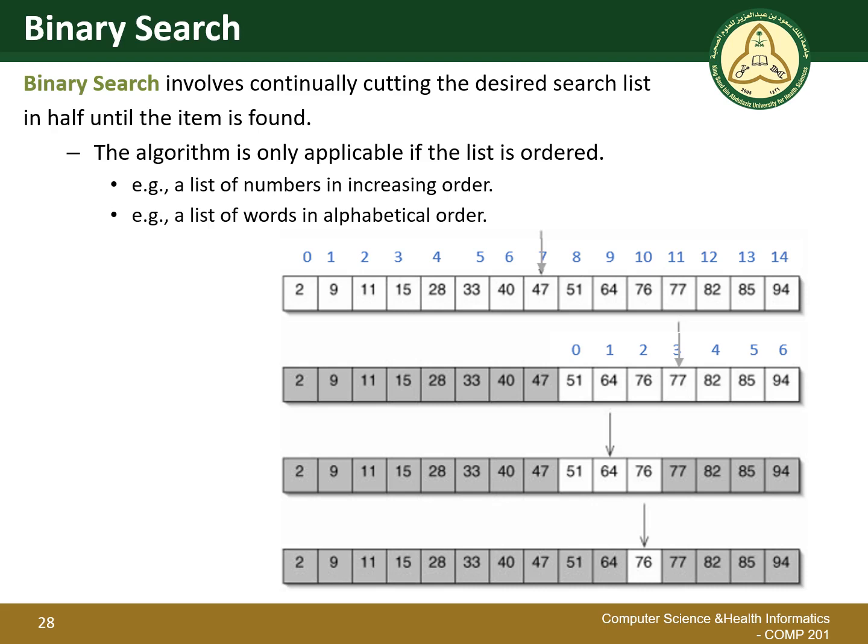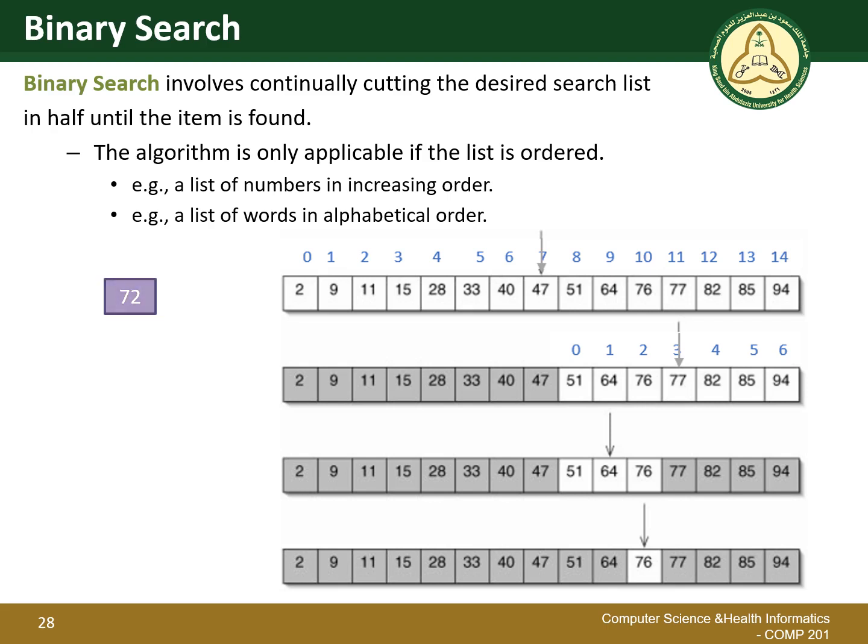There is a condition that must be met to use binary search: the list must be sorted in ascending order, from the smallest to the largest or from A to Z. Here we have an example. So we have a list of sorted records or items, so we can apply a binary search.